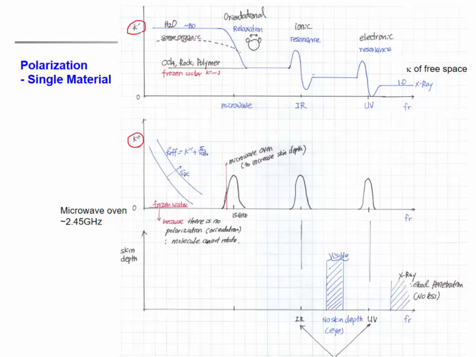So at low frequency, you have the maximum value. I think this is the example of water. So let's think about the water molecule. The water molecule has a permittivity value of 80 at 0 frequency, and it is kept constant until the orientational relaxation happens.